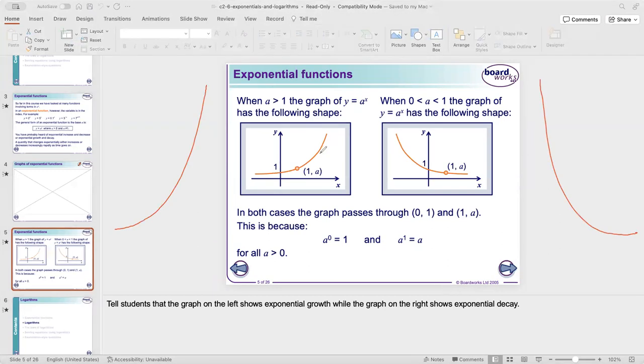When a is greater than 1, you get this one. And this one is when a is between 0 and 1, that is, less than 1. That's what you want to see there.